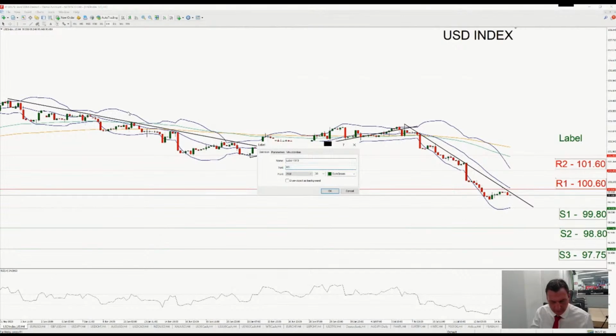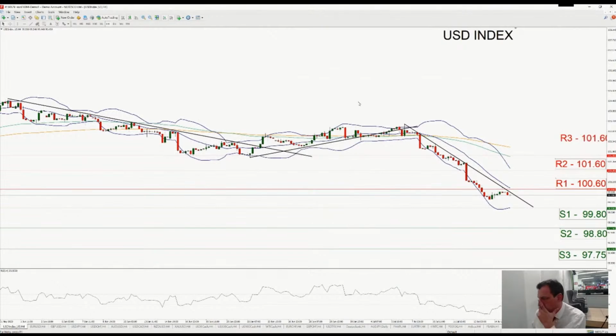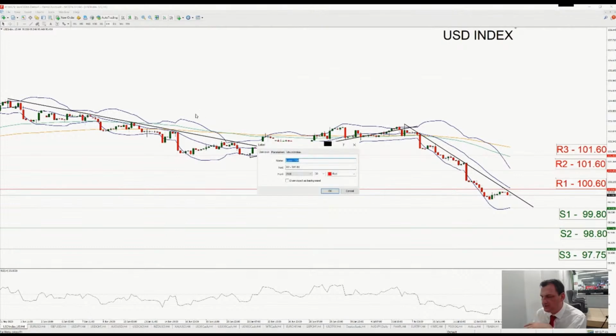Placing a new R3 label at 101.60 in red. The R2 to be placed at 100.60, 100 pips lower.